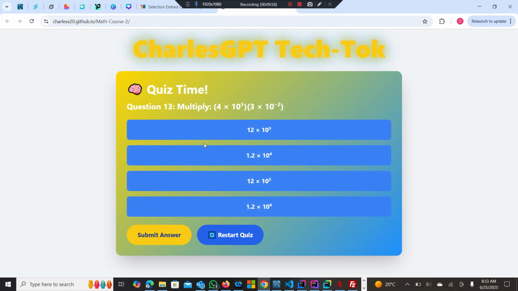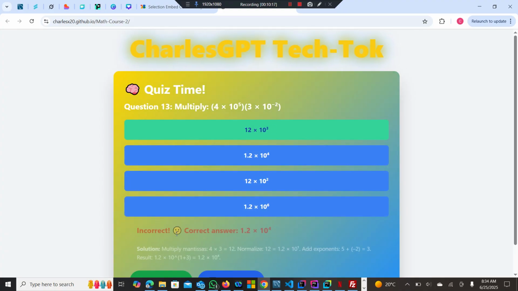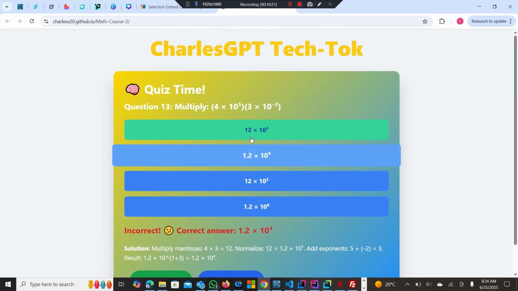So the third question would be multiply. To multiply you do 3 times 4, which would be 12. Then you add the exponents, 5 plus minus 2 would be 3. So it will be 12 times 10 raised to power 3. So you submit the answer. Oh, not 12.